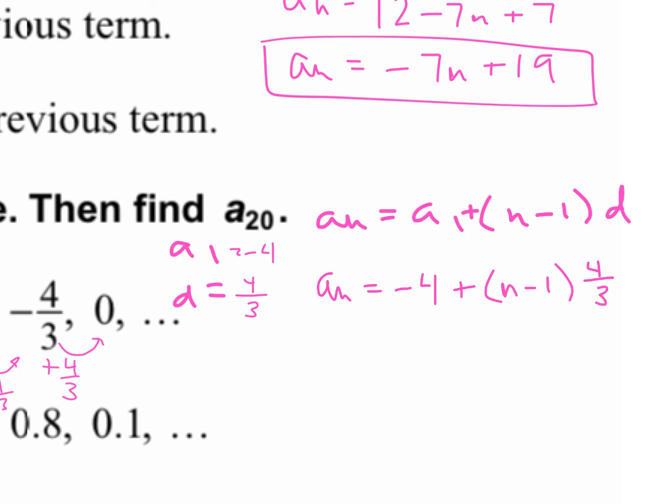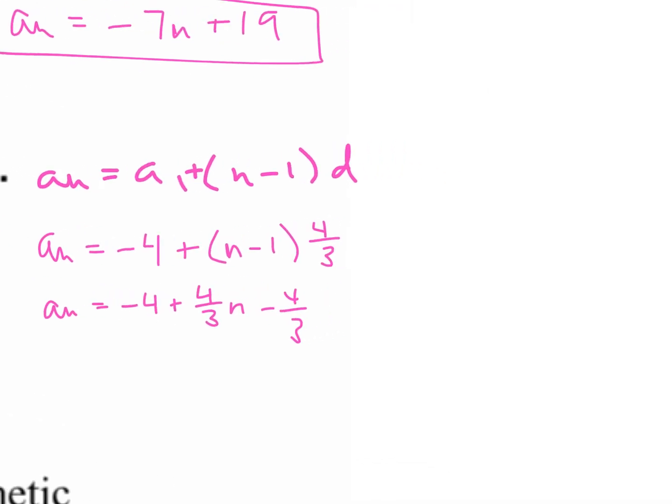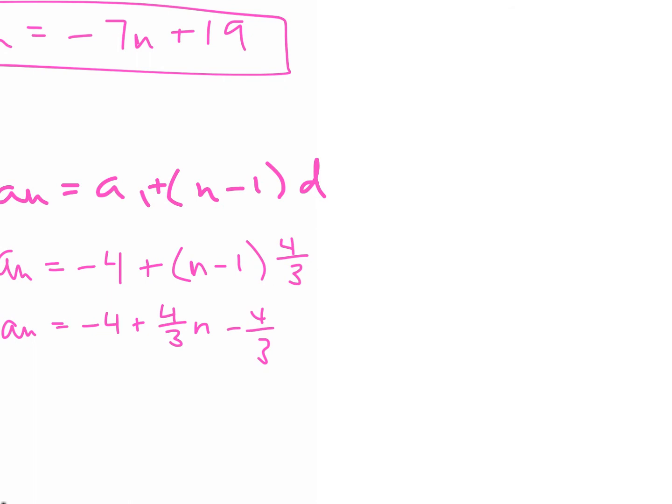Let's simplify a bit. So a sub n is equal to -4. We have to distribute, so 4/3 n minus 4/3. Can I do anything else? I can combine -4 and -4/3.